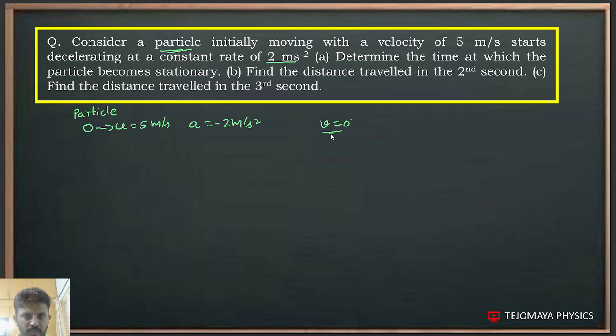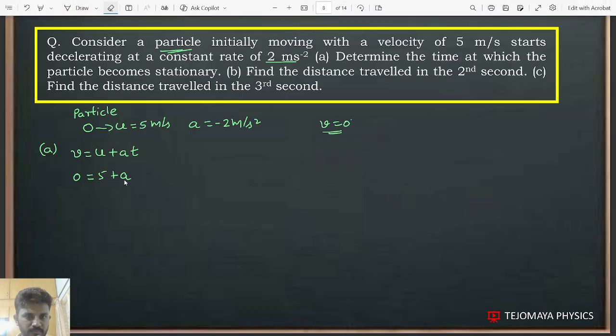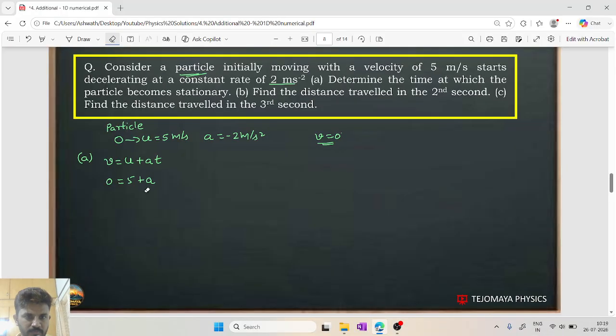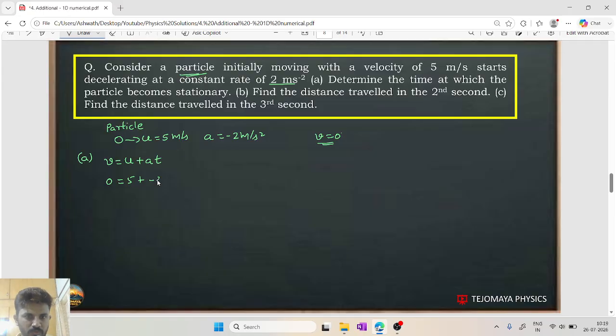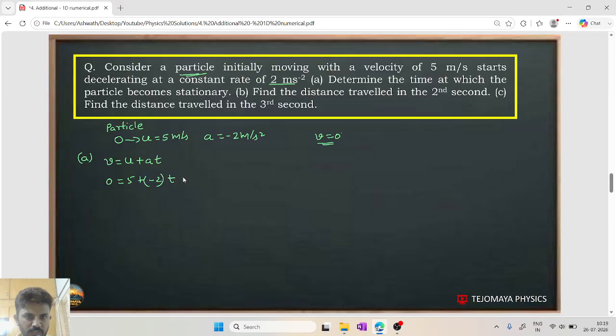At what time? We can use v is equal to u plus at for the first question. What is v? 0. What is u? 5 plus a, acceleration, is given, minus 2 into t.